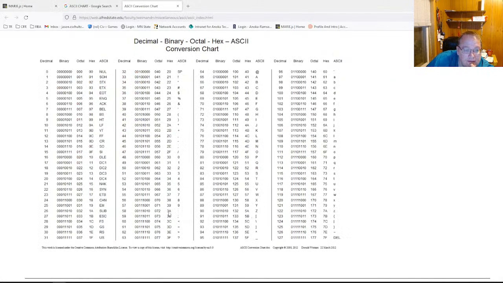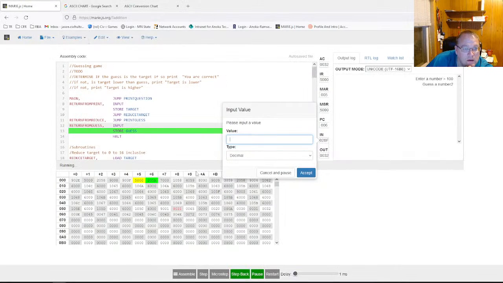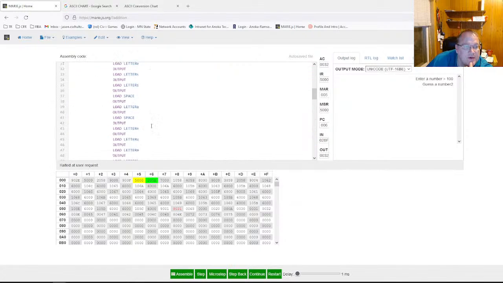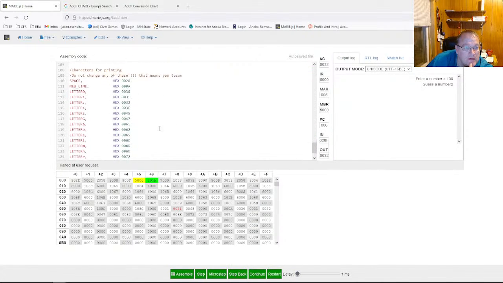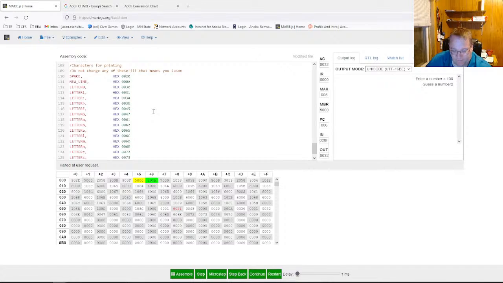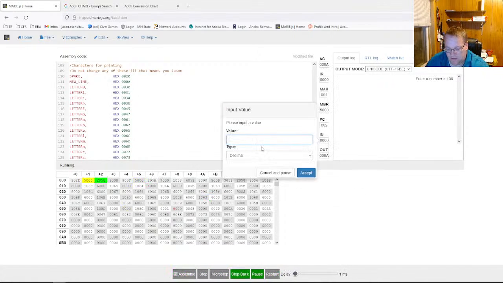The colon is not 32. It's 3A. Okay. Even your professor makes mistakes. Go down here. 3A. Okay, so then assemble. Click run. 555. Enter a number. It's got a colon there.